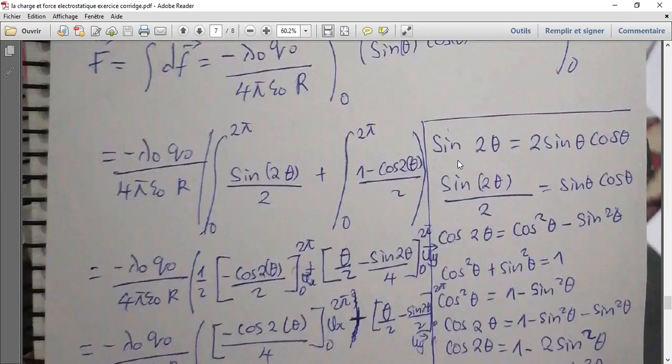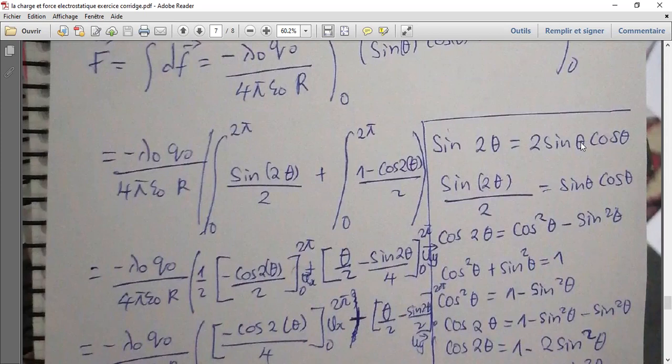You have to know what sin theta cos theta is equal to, and wherever you go, it will be the same formula. This is something which you don't need to calculate. It's something which you just have to know by heart. This formula, sin 2 theta is equal to 2 sin theta cos theta, you just have to know by heart.